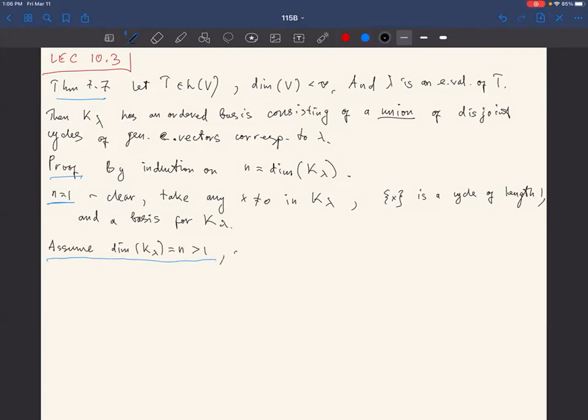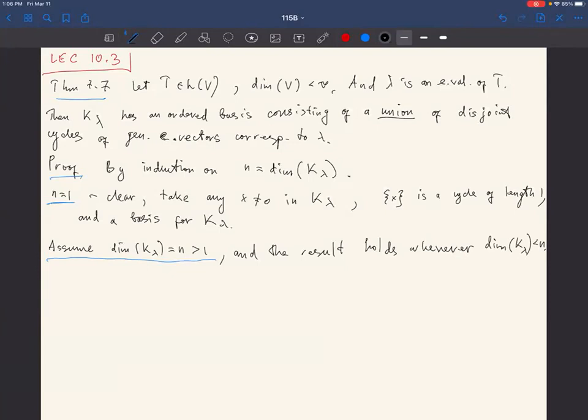And assume that the result already holds whenever we have that the dimension of K lambda is less than n. Okay, and the task is to prove then that the theorem also holds for K lambda of dimension n.